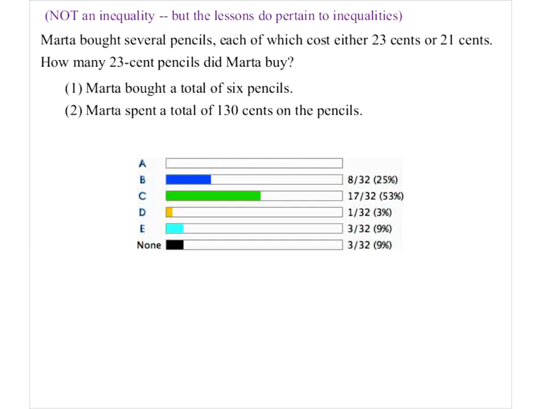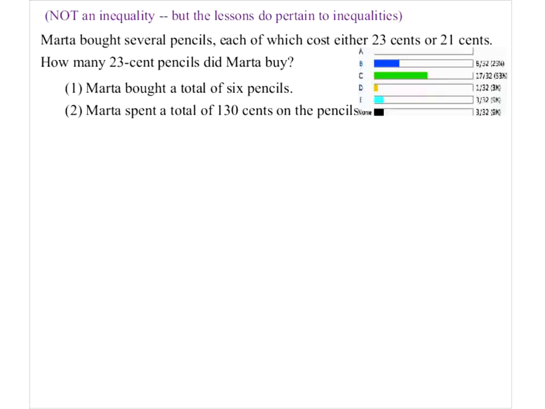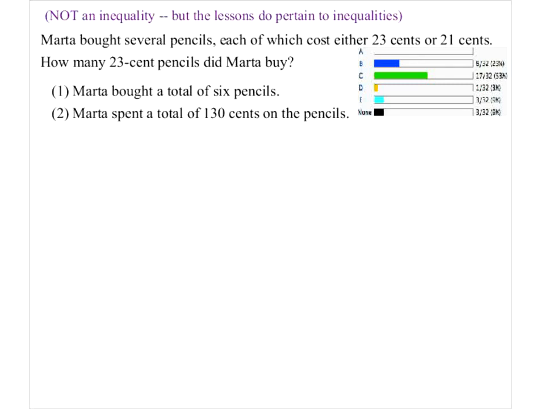The answer to the problem is not C. Even though C is the most popular answer choice, C is incorrect. So it looks like we're going to do some learning here. The correct answer is B, so pardon me, I misspoke there. So if you had B, don't stress out.